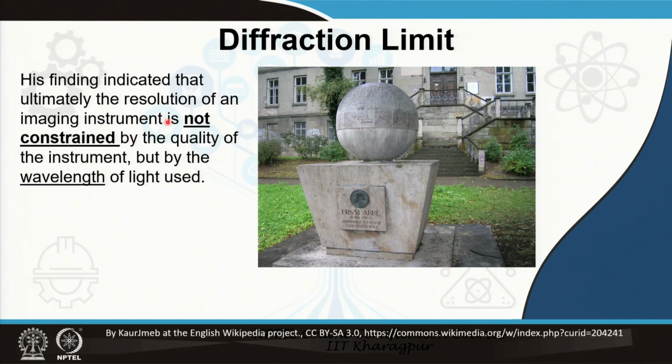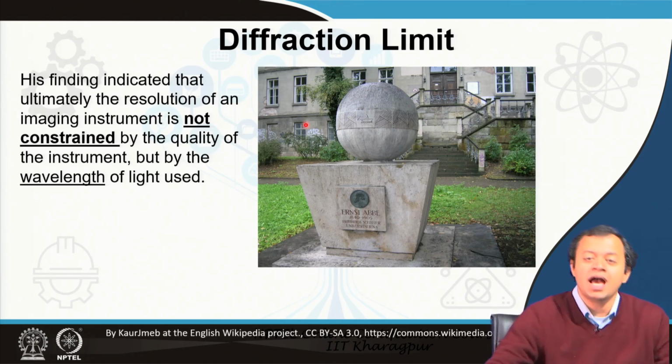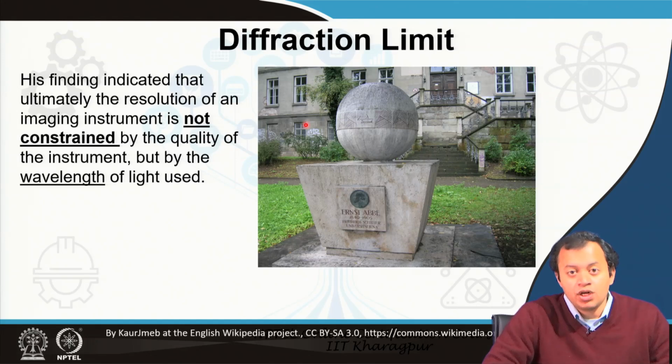Basically it tells you that no matter how good your instrument is, there is a fundamental limit: it can only image up to this resolution, this minimum distance, and no more.